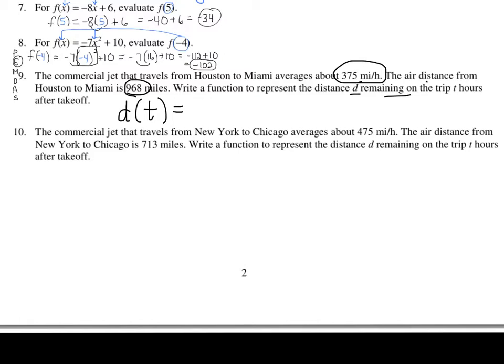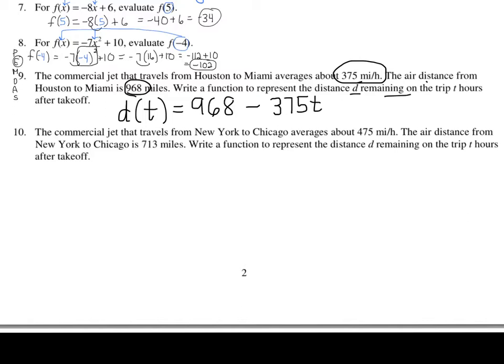At the beginning of our trip, before we've traveled anywhere, it is 968. That distance gets smaller the closer we get to our destination, and it depends on how fast we're going. So here's the speed, and it depends on how many hours we've been traveling.